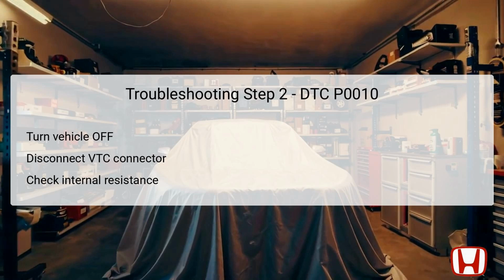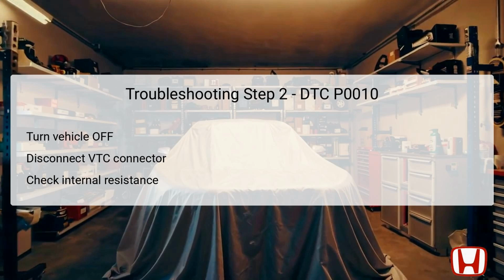In the second troubleshooting step, turn the vehicle ignition to off mode, effectively cutting power to the system. After doing this, disconnect the VTC oil control solenoid valve 2-pin (2P) connector to isolate the component for testing. Subsequently, you will measure the resistance between test points 1 and 2, with the vehicle remaining in the off mode. The process involves verifying that the resistance value falls within the range of 6.75 to 8.25 ohms at room temperature.